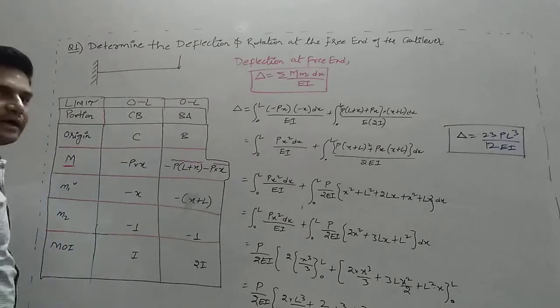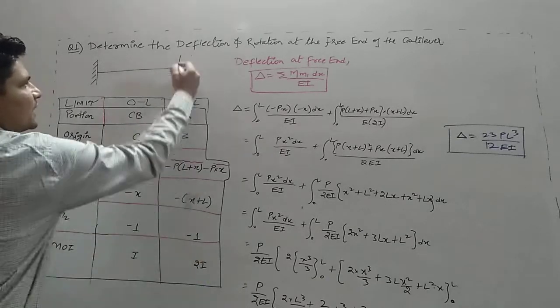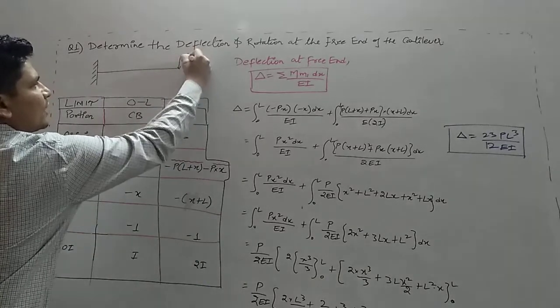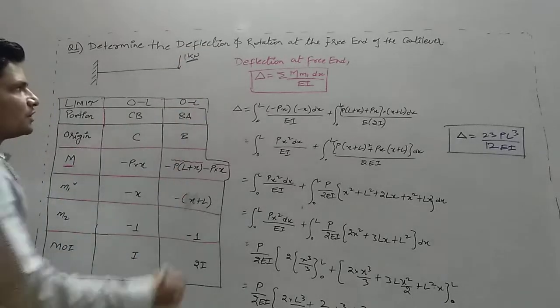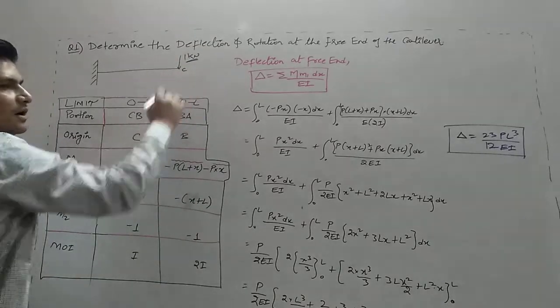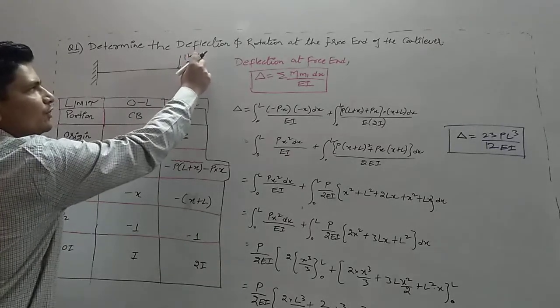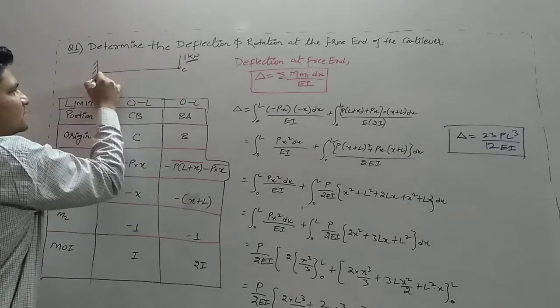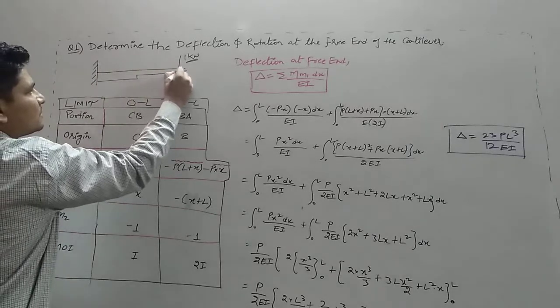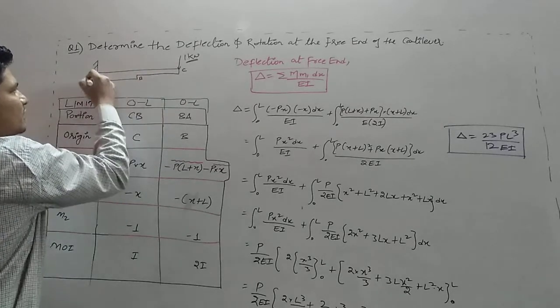Now here I remove my external loads and apply a unit vertical load at the point where the deflection is required. So this is my C point, where I require the deflection, so I apply a virtual load of 1 kilonewton at the C point. This is my B point, this is my A point.